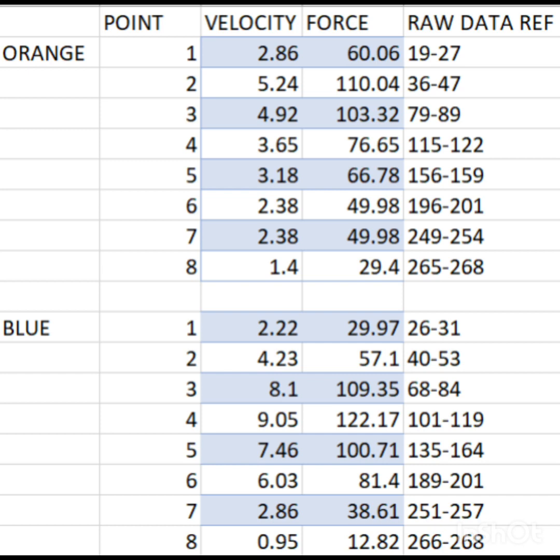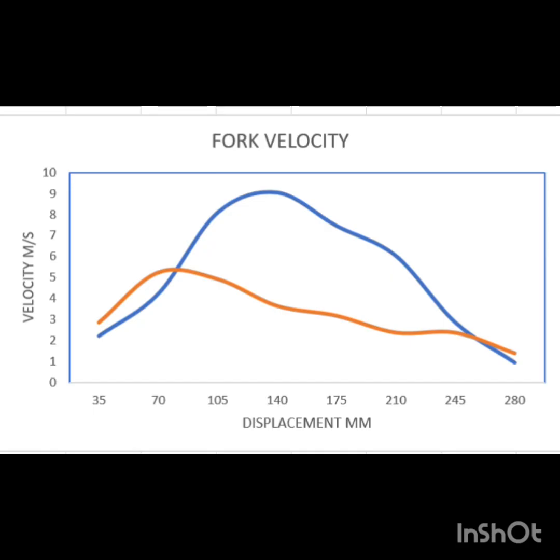Whereas blue, obviously a much softer fork, produces a peak velocity of 9.05 meters per second, but it does this at 119 mil of displacement, so further into the stroke. What this also means is that the blue fork has substantially less displacement to slow down from that peak velocity. Coming up, we'll plot that velocity, and we can see blue fork is indeed producing much higher velocity and much further into the stroke.